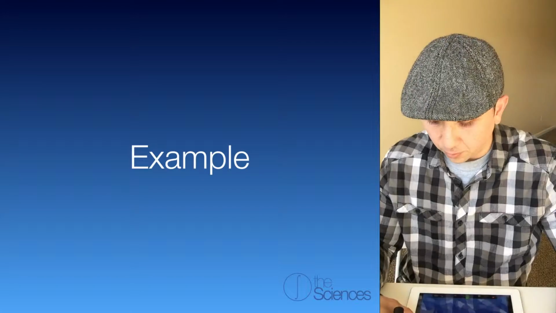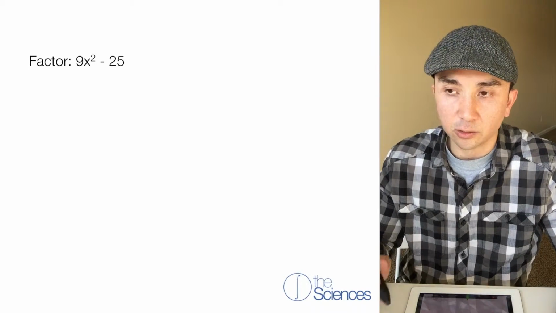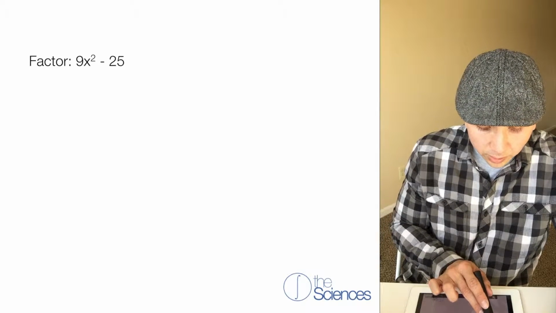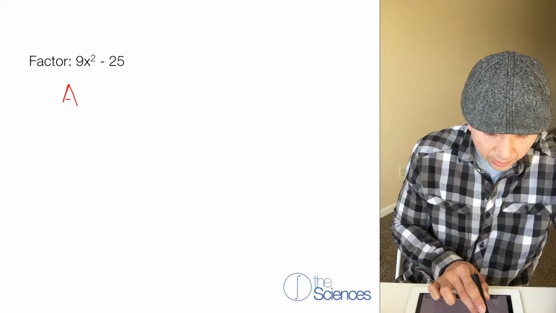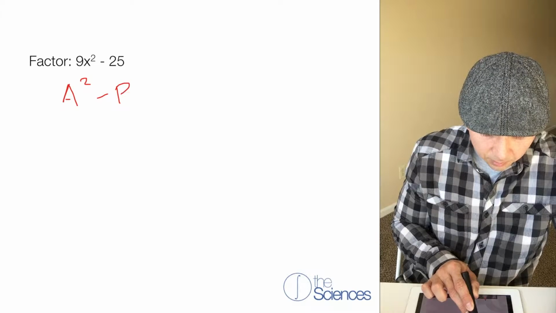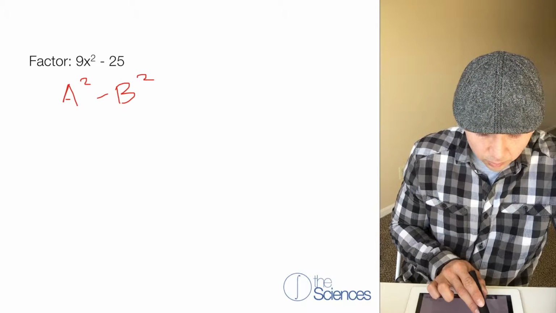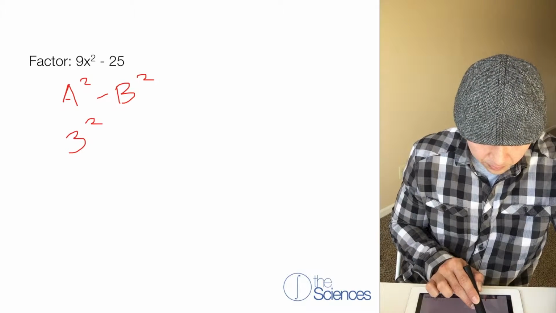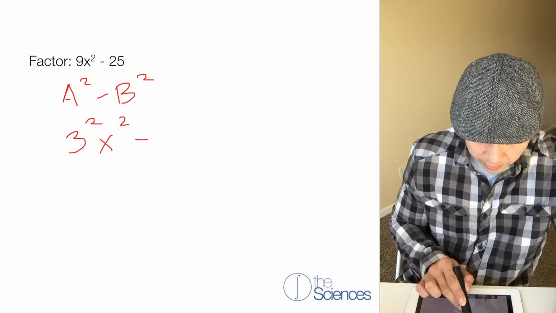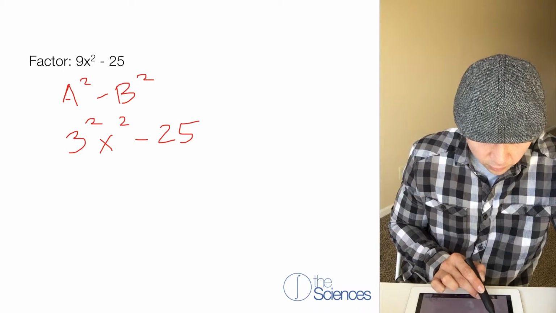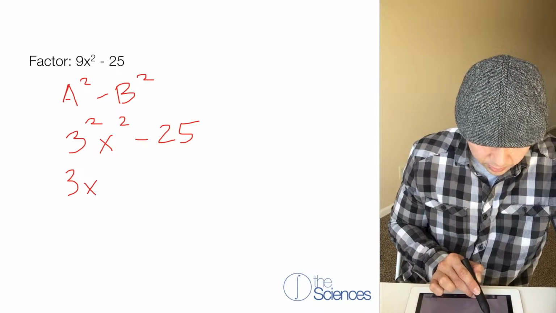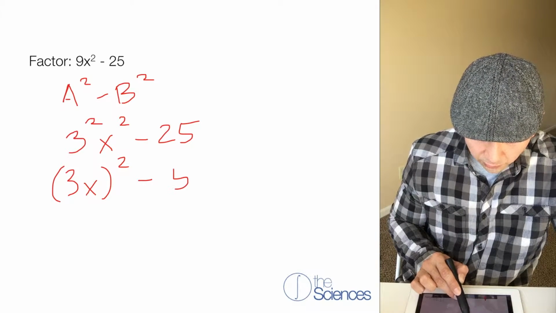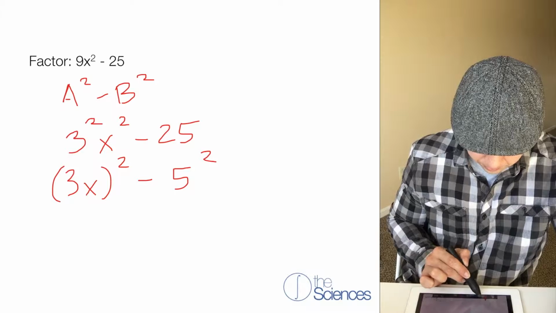So let's do an example. Here let's factor 9x squared minus 25. So what we want to do is get it in the form of a squared minus b squared. So we know that 3 times 3 is 9, so we can have 3 squared times x squared minus 25. We can also factor this as 3x squared minus 5 times 5 is 25 squared.